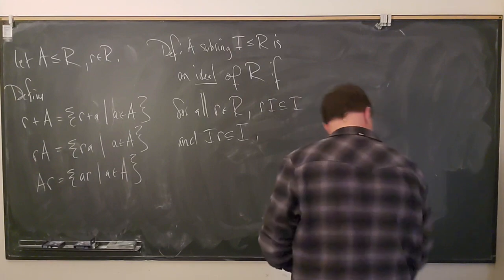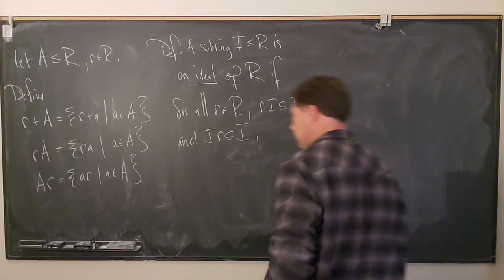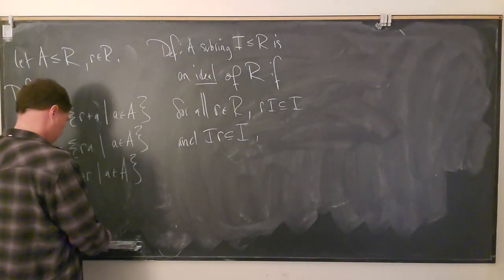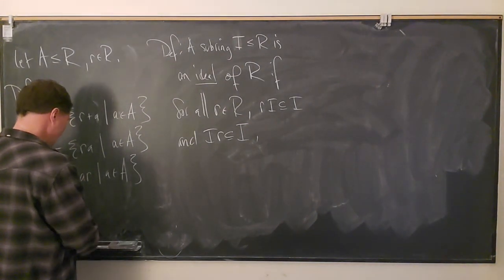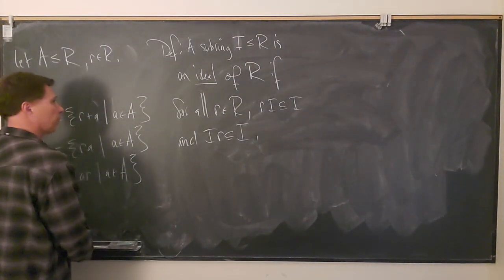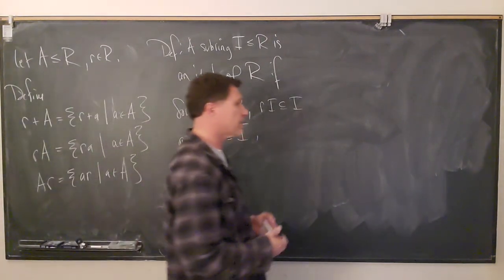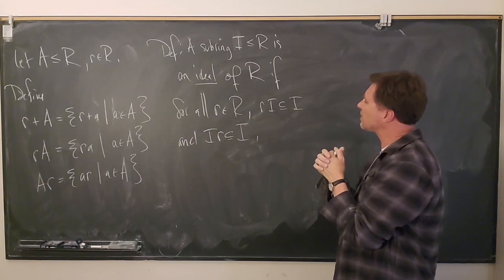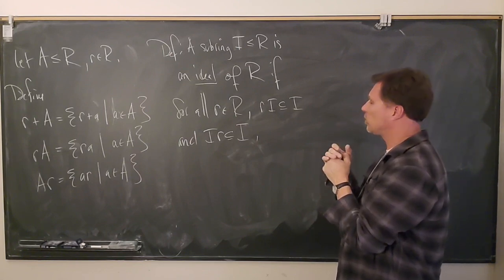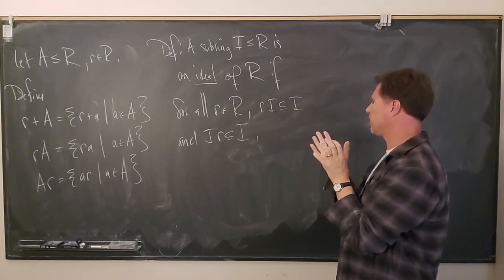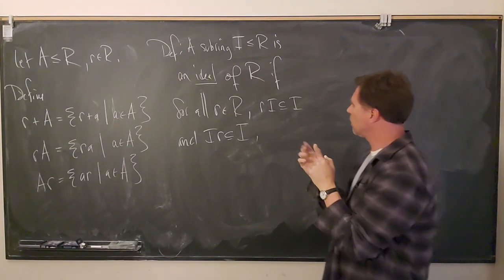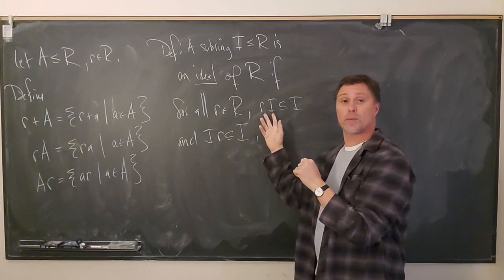So this is kind of an interesting condition here. What does it say? We take a subring, and an ideal is a special kind of subring. It's the kind of subring that is closed, and closed is not quite the right word here, but I'm going to use the word closed under external multiplication.